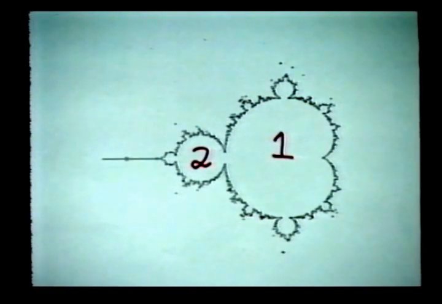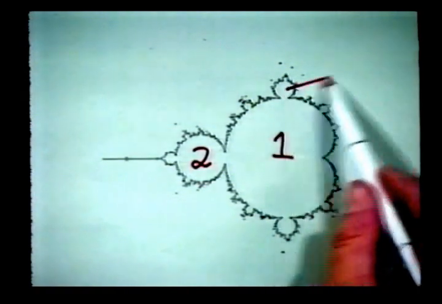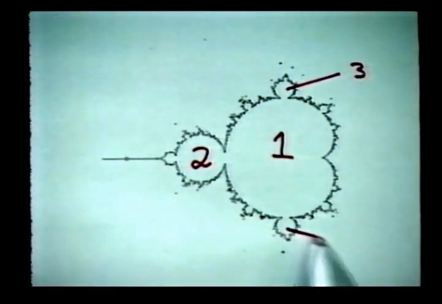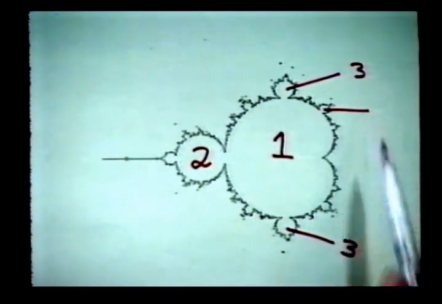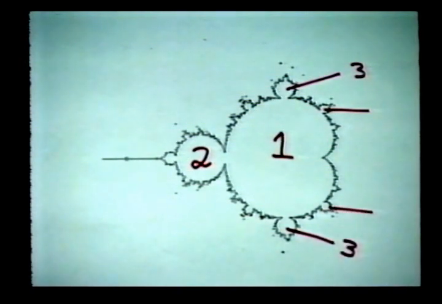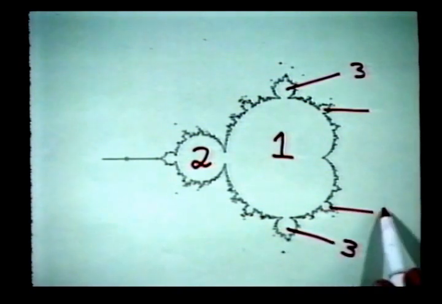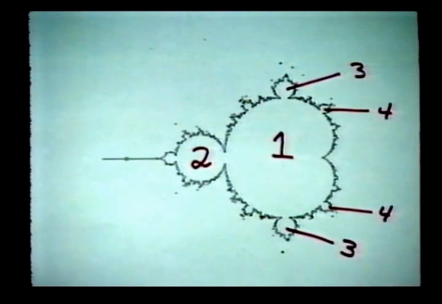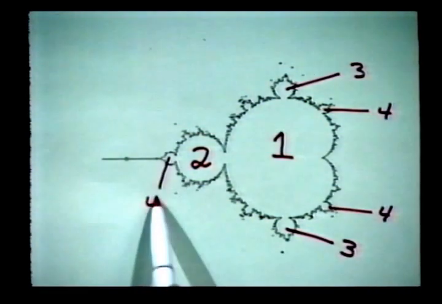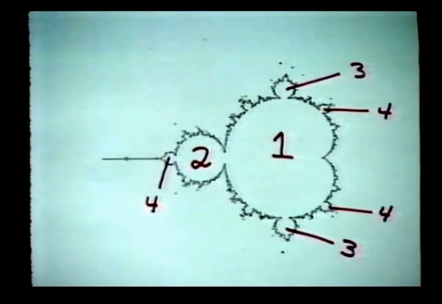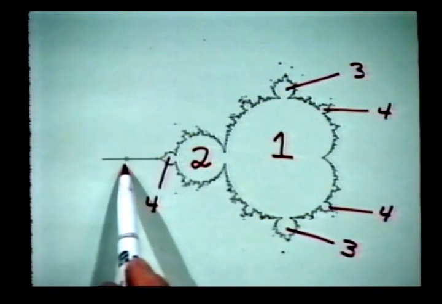If we look at any c value in the upper or lower decorations, then the corresponding orbits of 0 are always attracted to cycles of period 3. If we look inside regions that sit approximately here, then for those c values, the orbit of 0 tends to cycles of period 4. Same thing over here. C values in this smaller circular region always tend to cycles of period 4. Now look at this little blip right here.